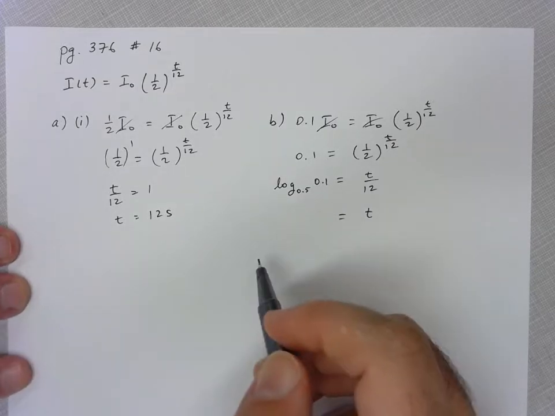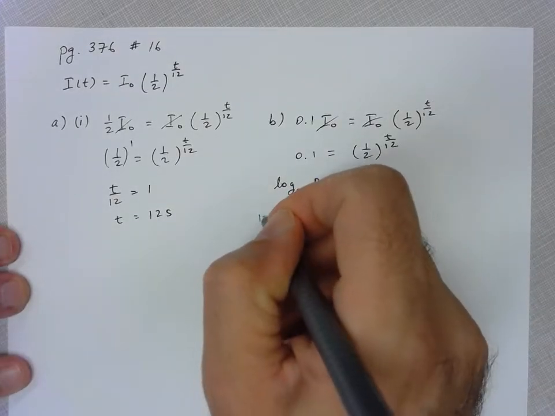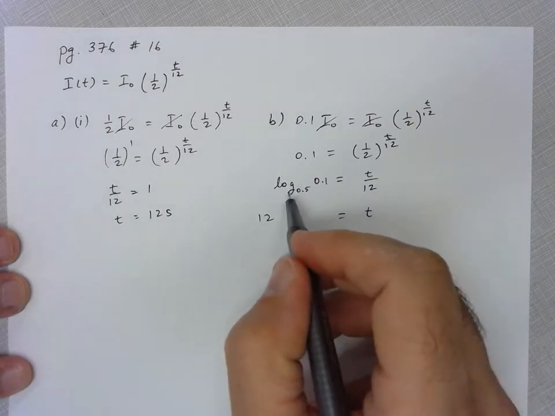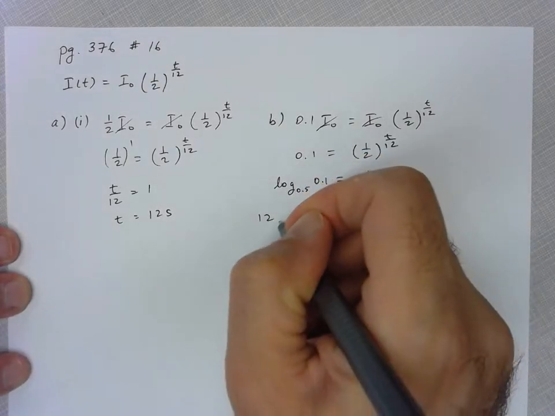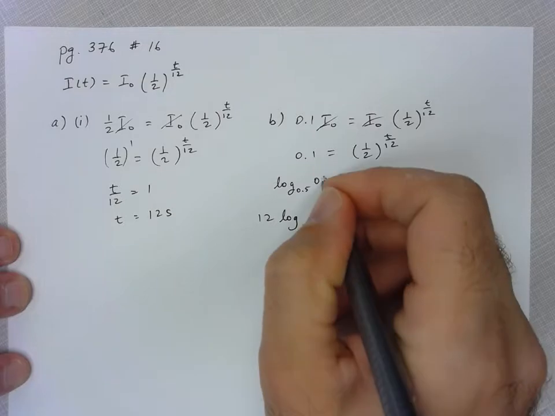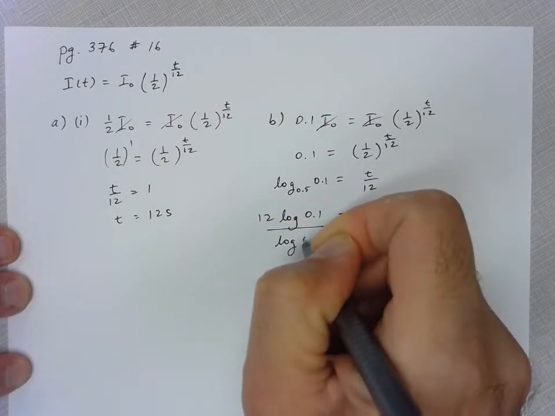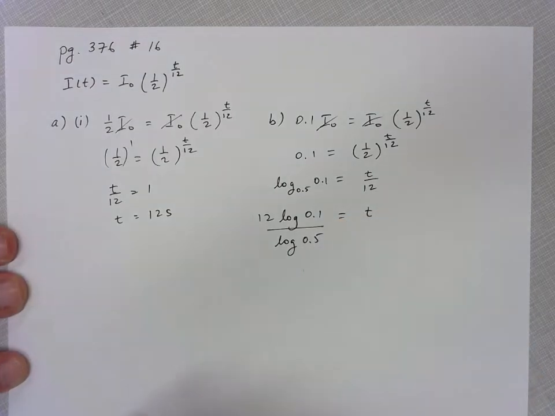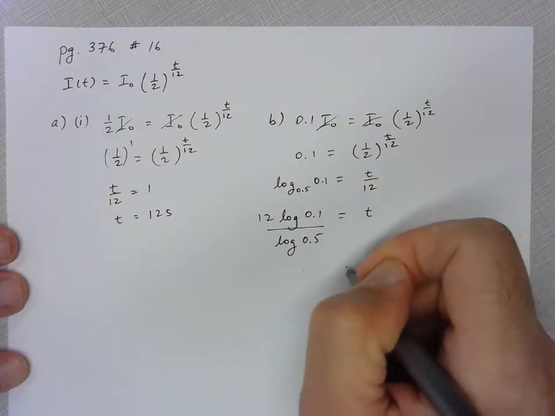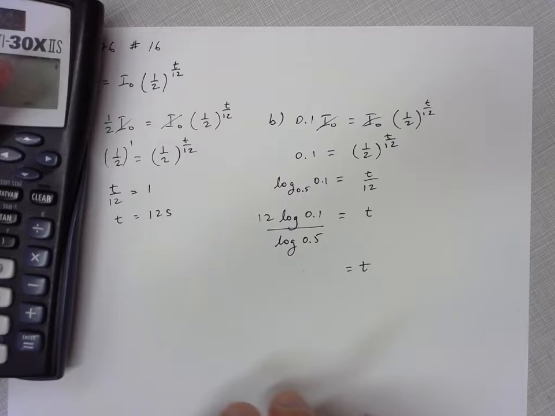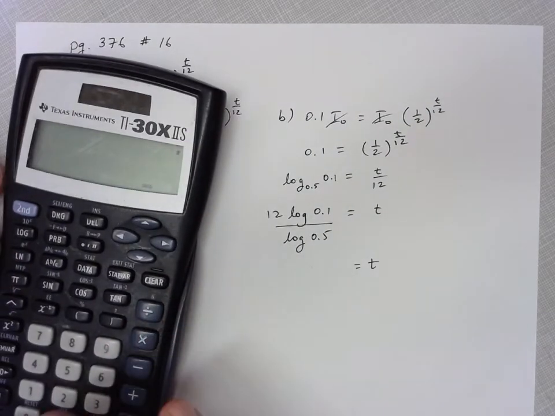now since this is an application question, I want to be able to get an estimate for this answer. So I multiply 12 to the other side, and while I'm at it, I'll convert this logarithm into a logarithm of base 10. So it's log of the original input over log of the original base, and by that we mean log base 10. Let's do a quick calculation here.